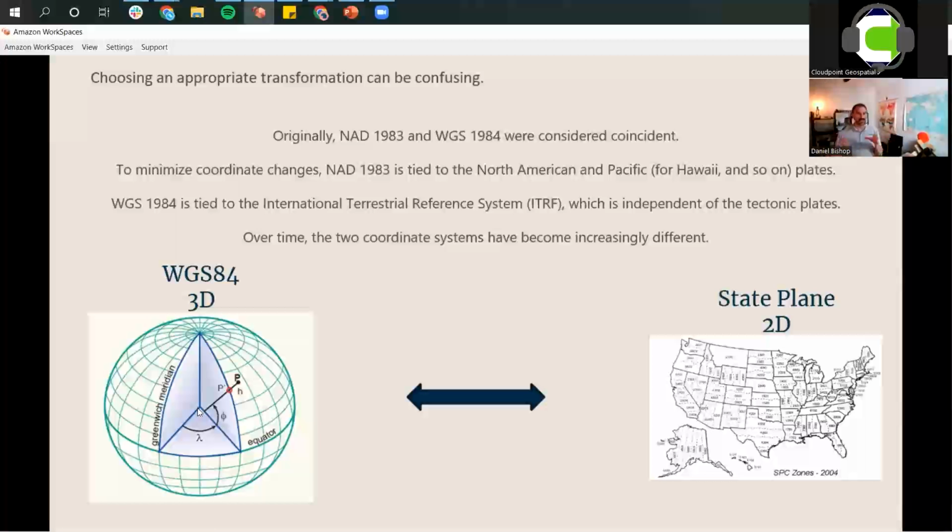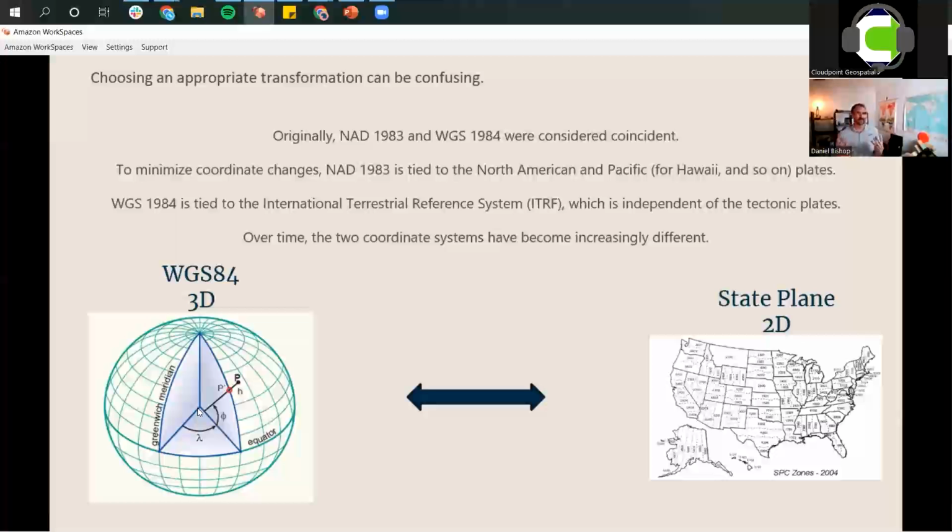Whereas NAD 83 is looking at the position of the North American and Pacific plate to kind of gain that reference of where everything is on a three-dimensional model. So these two coordinate systems were once aligned. However, over time, they've been drifting apart, becoming increasingly different.